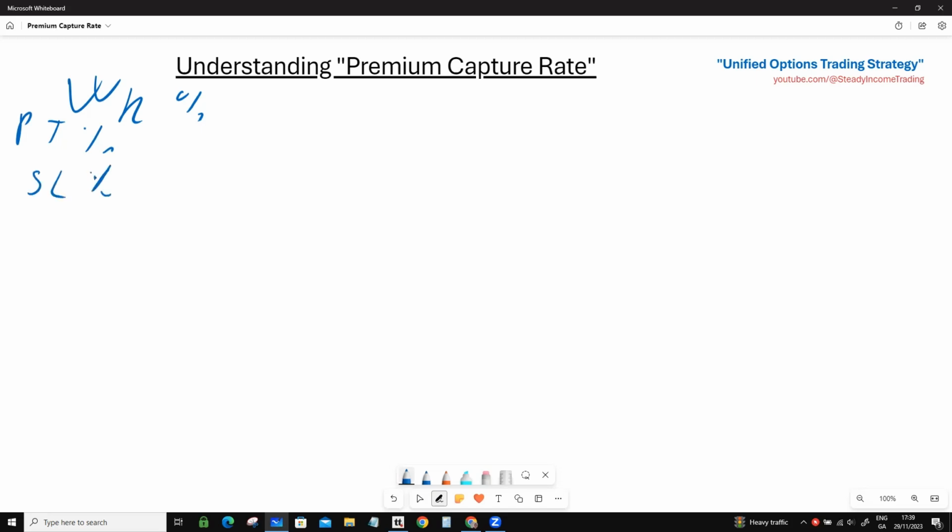It's much easier to calculate if you implement a stop loss, but you can do the same thing without one. You just have to figure out what your average loss is over a long period of time. It's a little bit harder, you will need a little more data, and it will take longer to converge, but you can still do it.